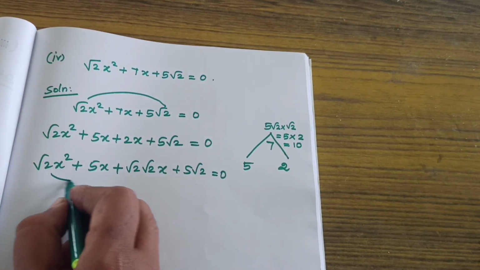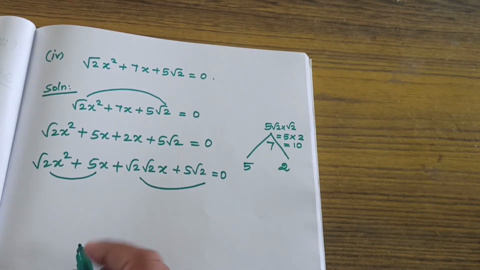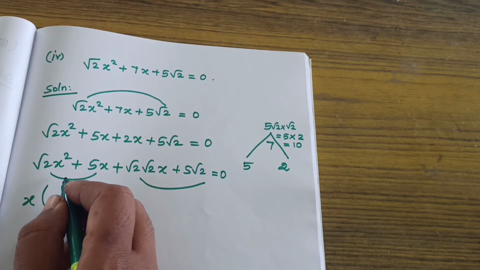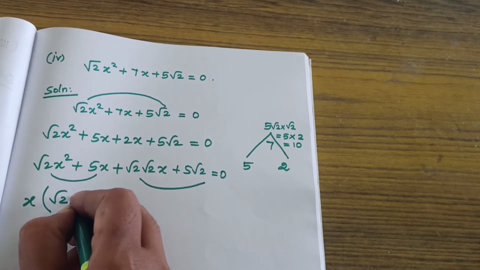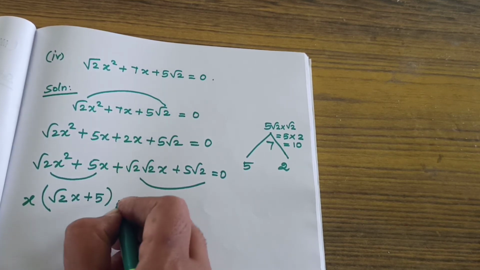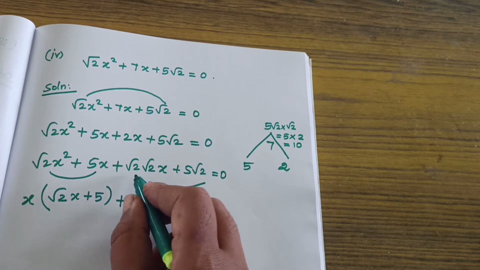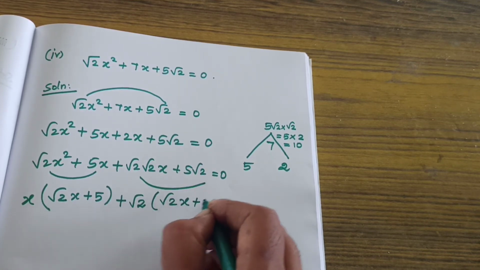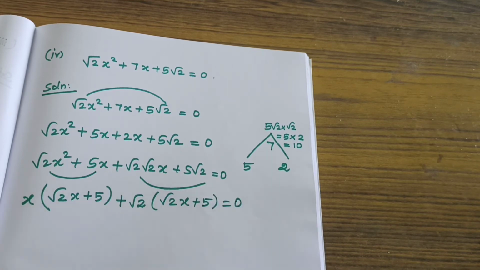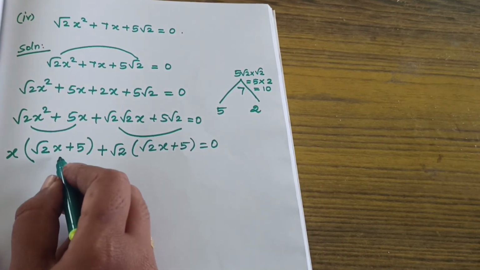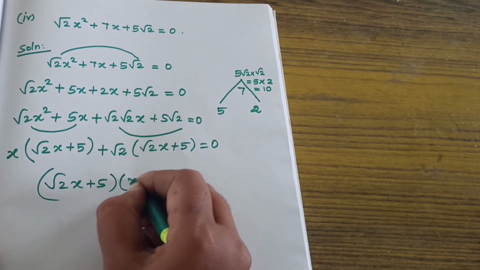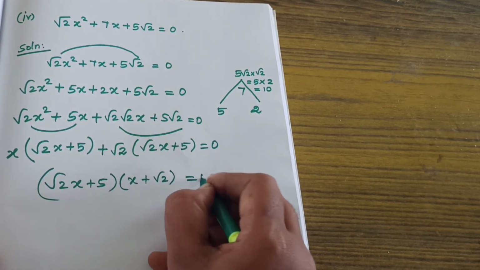Then, two terms we can take, among these two terms and this is also two terms. So, x we can take outside, x only common no, so root 2x plus 5, plus here also root 2 only common, so root 2x plus 5 which is equal to 0. Again two terms we need to take, here common is root 2x plus 5 into x plus root 2 equal to 0.